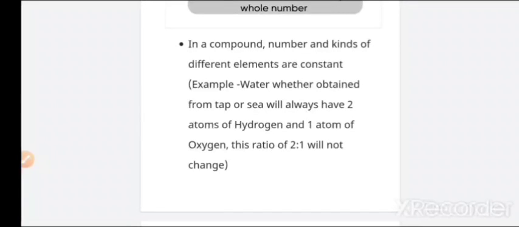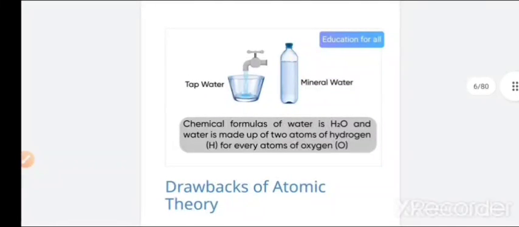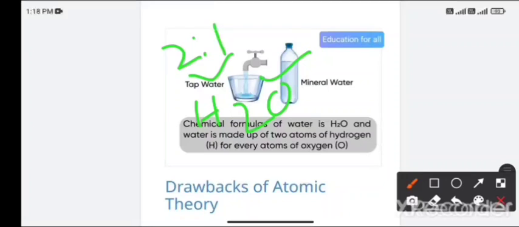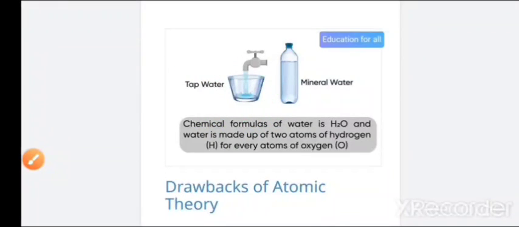In water, the ratio will always remain the same. Next, this is tap water and this is mineral water. The formula is H2O. That means in tap water the hydrogen to oxygen ratio is 2:1, and also in mineral water the hydrogen to oxygen ratio is 2:1.